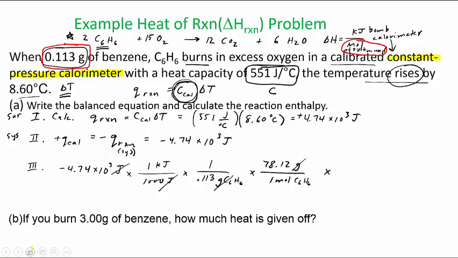So now I am left over with kilojoules per mole. Okay, and so we get, all right, that's the end of the problem. So we get negative 3,280 kilojoules per mole of benzene.